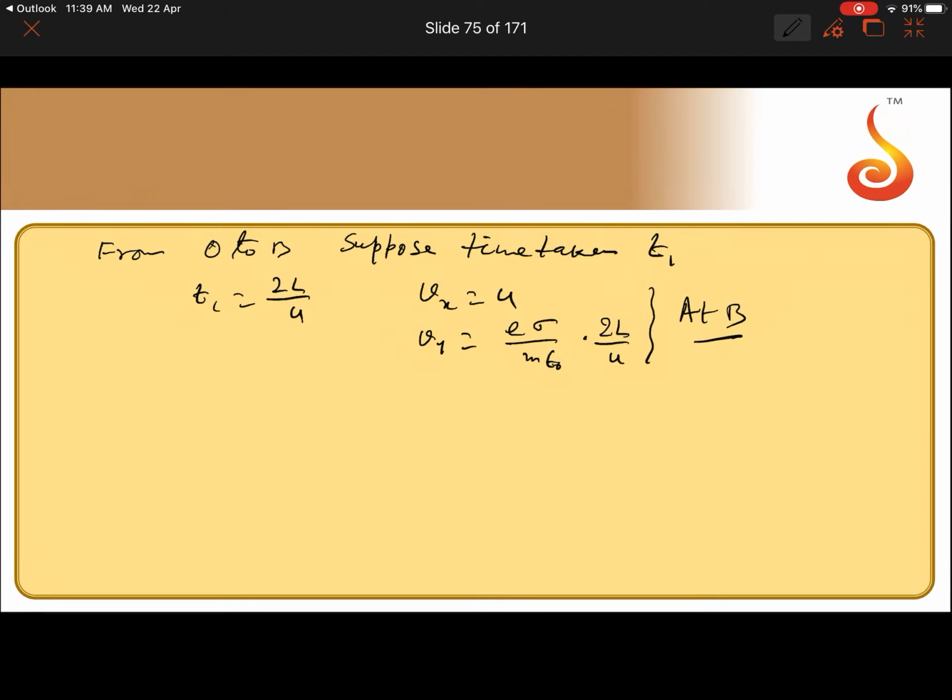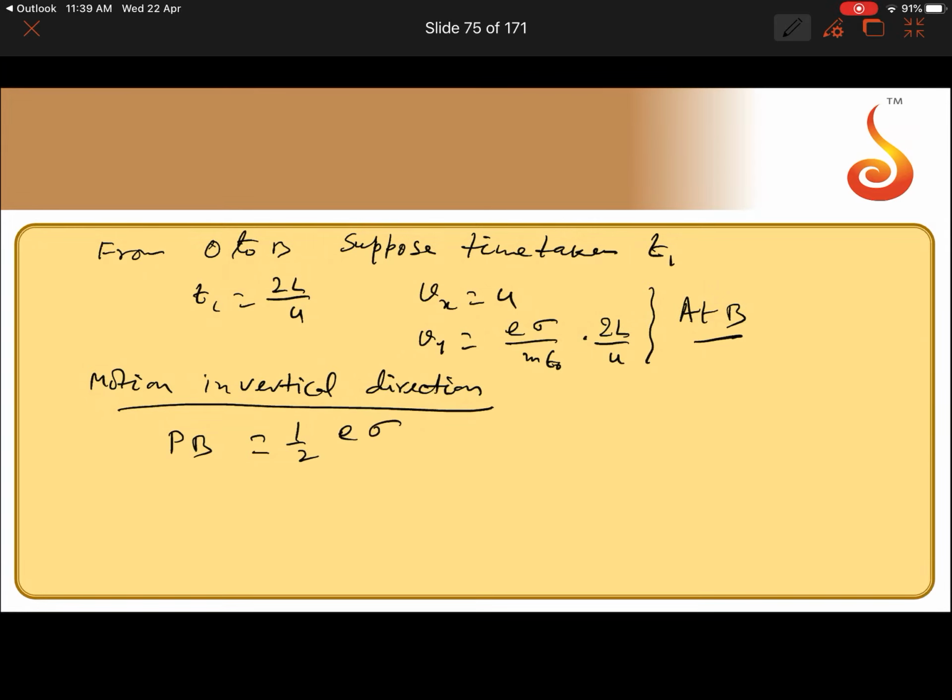So in the y direction, the vertical motion PB is half Ay T square, half e sigma by m epsilon naught T square.